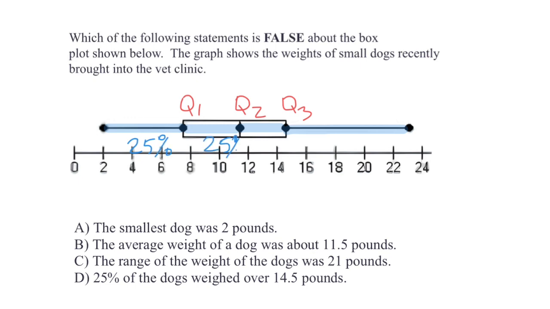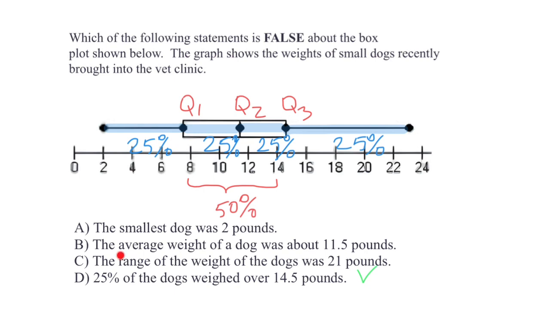So in the box here we are going to find 50% of all available data. So the box represents 50% of our data set. We also call this the interquartile range. So the statement that 25% of the dogs weighed over 14.5 pounds is a correct statement.